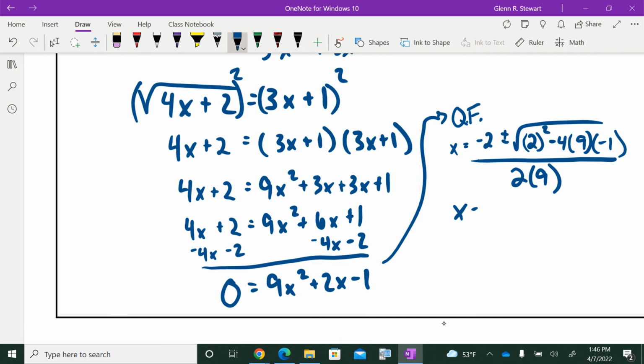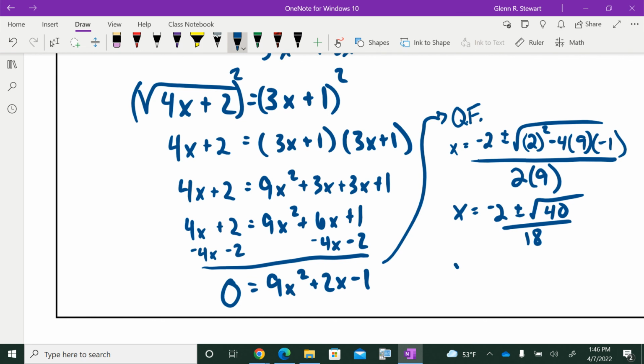All right, so x is equal to negative 2 plus or minus the square root of 40 over 18. You will get your calculator for a portion of the exam. This is the type where you would have that portion.